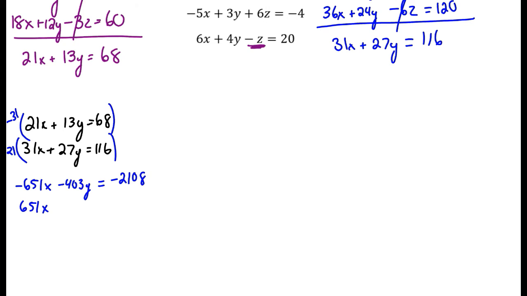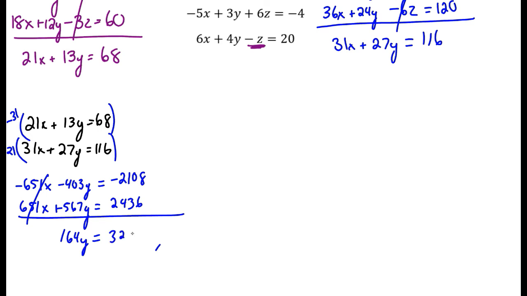Now for the bottom one, I should get 651x. 21 times 27 is plus 567y equals 2,436. I eliminate my x's, and I have 567 minus 403. 567 minus 403 gives me 164y equals 328.